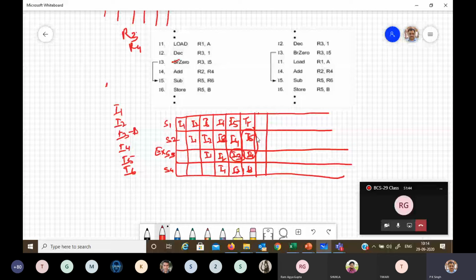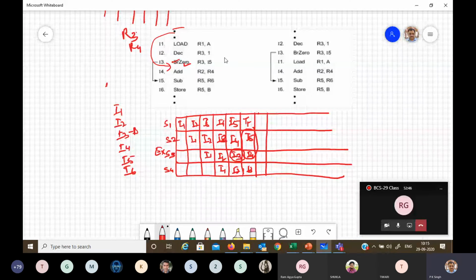Suppose the instructions that are not dependent on this branch instruction may be advanced. Means you have to pick 2 instructions before this, and relocate those 2 instructions after this.